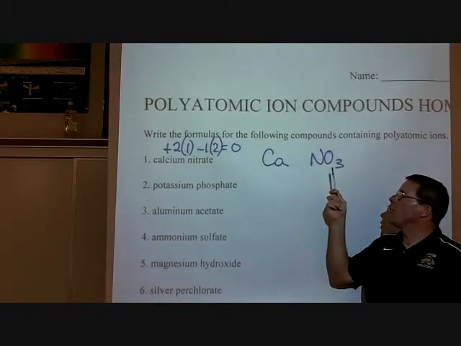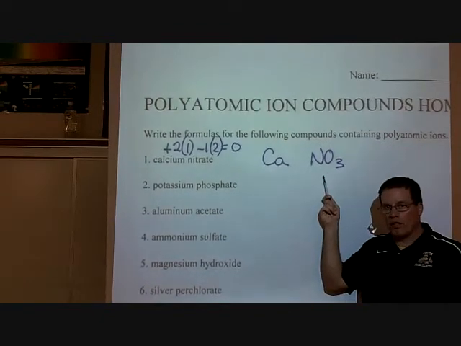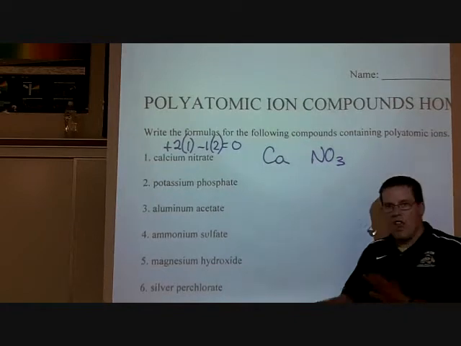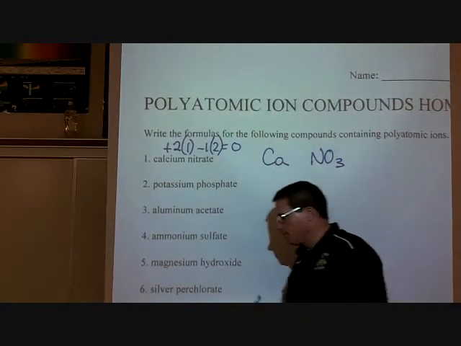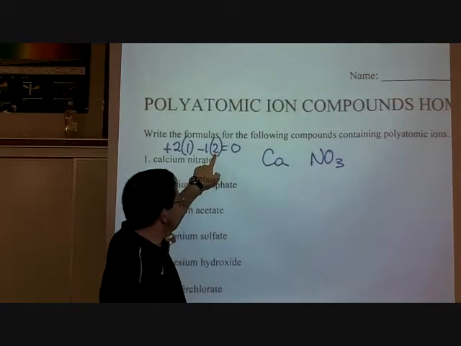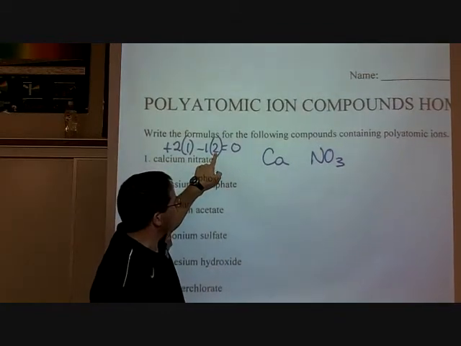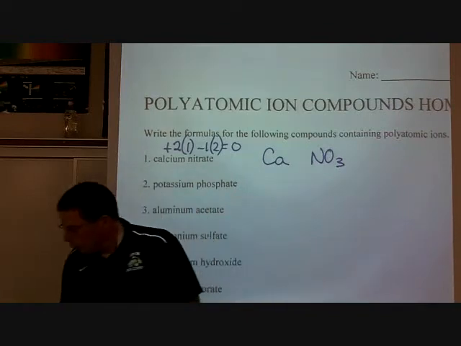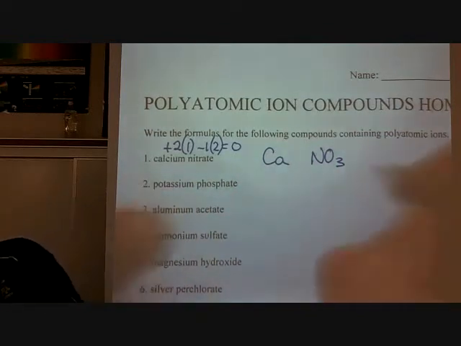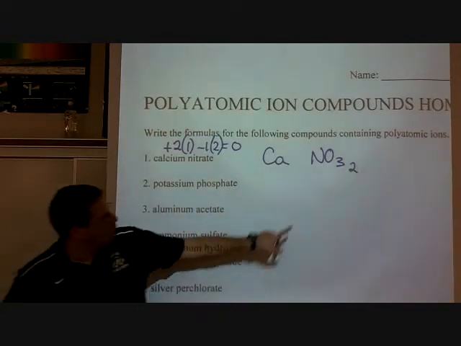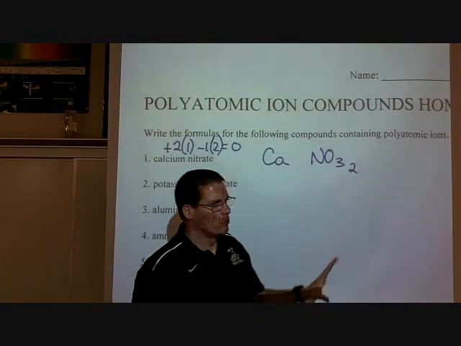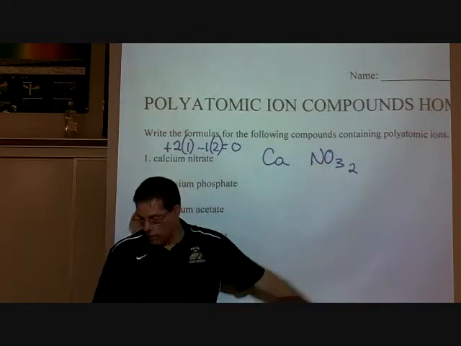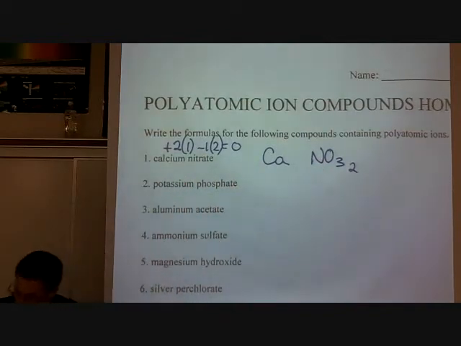Parentheses is never used for an element. Since balancing the formula requires 2 of those, I can't just put a 2 on the end, because somebody might look at that and go, NO32? No. So if I need to show 2 nitrates, I use parentheses.